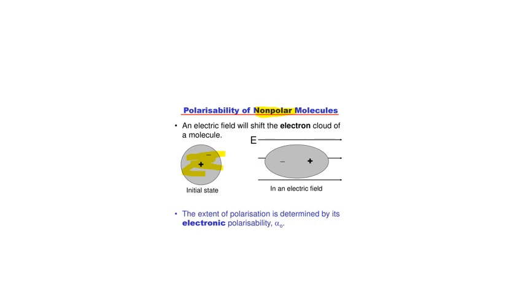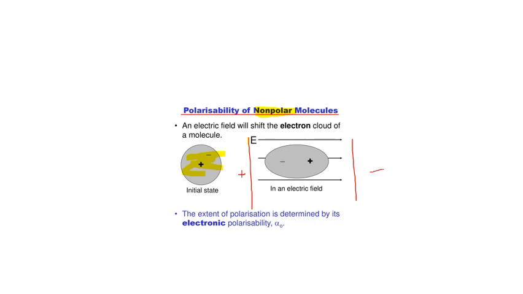But when we put this in a field, the field can be expressed by this. Then since the field acts, this will be plus and this will be minus.